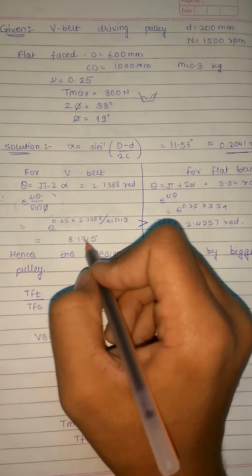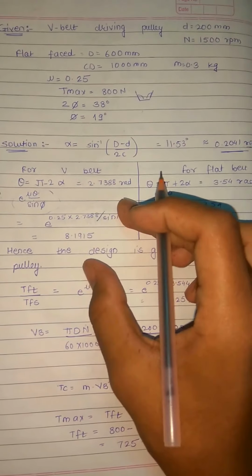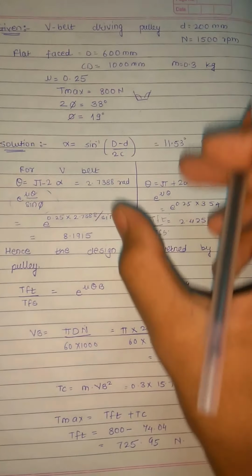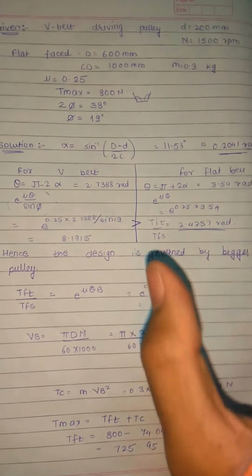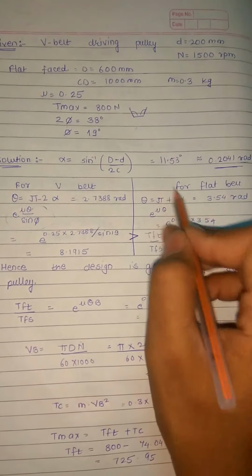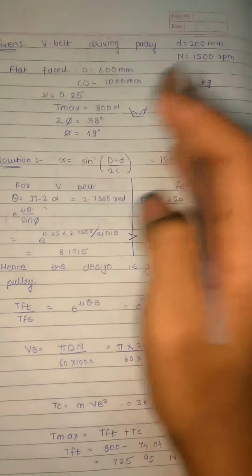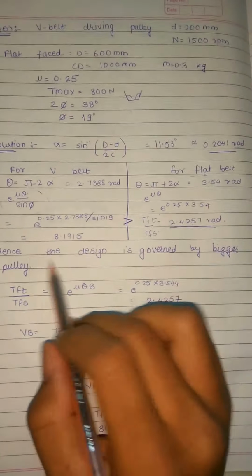Similarly, we get 8.1915. Now we have to consider the smaller value, because the smaller the value, the smaller the system and the more compact it will be. Therefore, the governing factor for designing this pulley system will be the flat belt side, that is the driven side. Hence the design is governed by the bigger pulley, that is the driven pulley, or the tight side pulley.